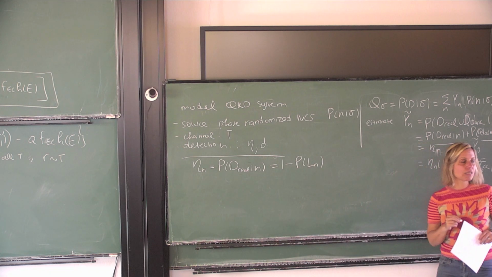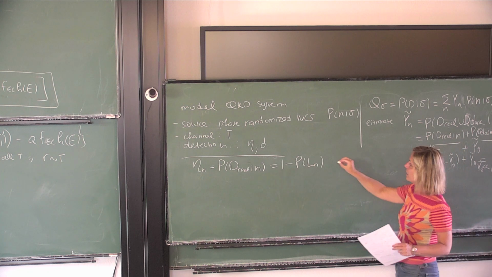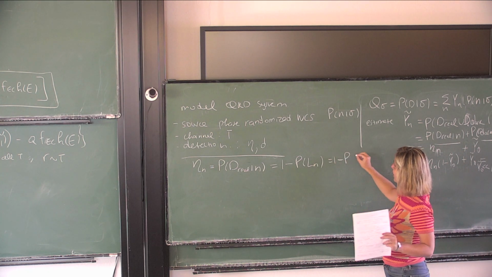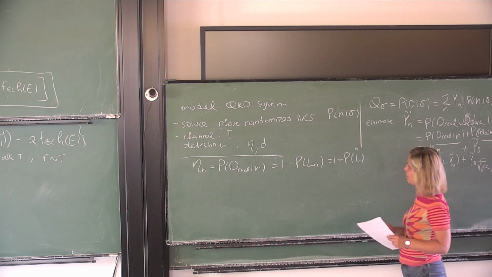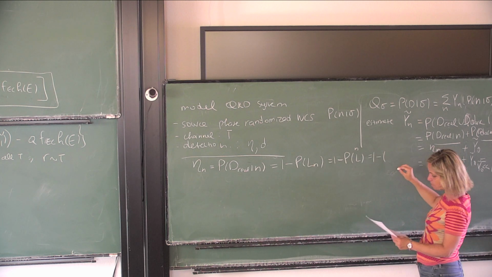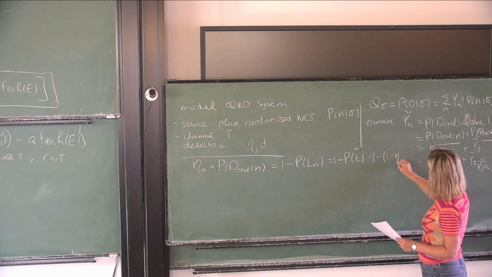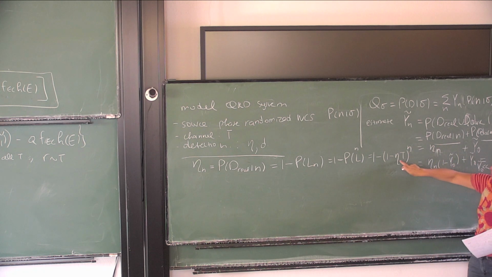And if we consider that all photons are lost independently, this is the probability of each one of them being lost separately, given by this expression, where eta t is the quantum efficiency and the transmission efficiency of my channel.